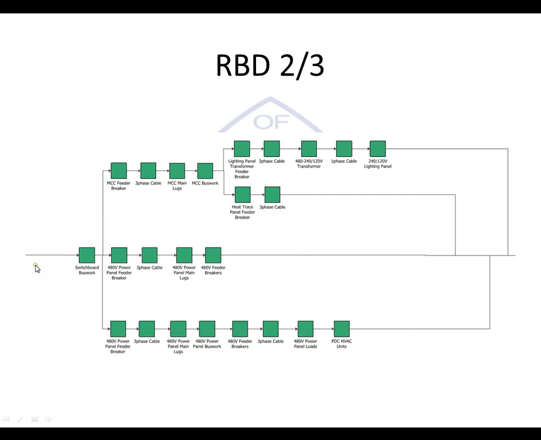And then from here you can see we've got multiple parallel paths, which is a good thing for reliability. You can see the switchboard feeds the MCC, the 480 volt panel, and the other 480 volt panel.